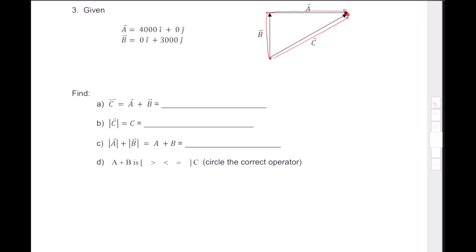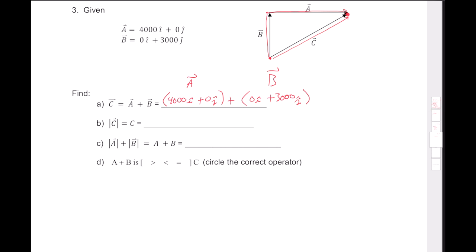So in vector terms, if A is 4000i plus 0j, that's A vector. We're going to add that to B vector, which is 0i plus 3000j hat. That is B vector. All right, deal.